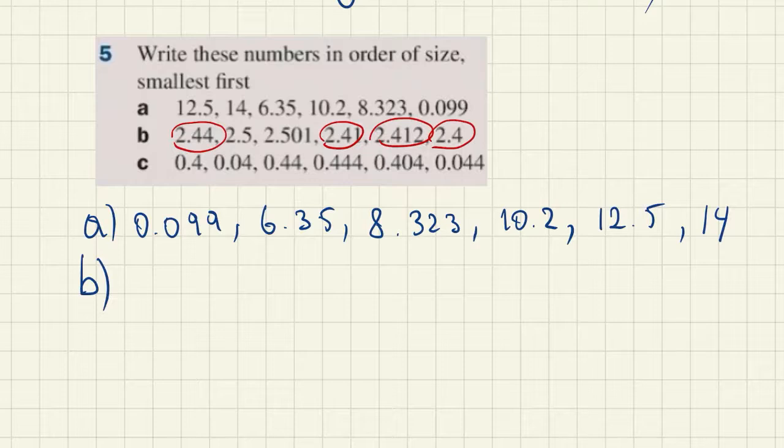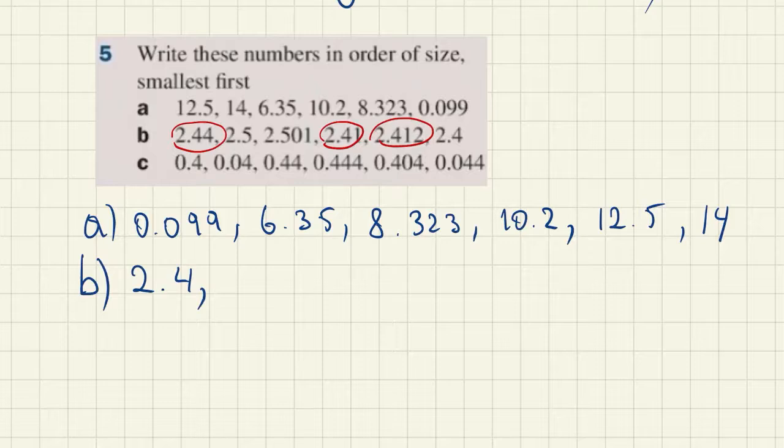The smallest one here is the one which has only 4, 2.4, because in case of decimals, you can add zeros indefinitely, they will not change anything. 2.4 is the smallest number here. So let's erase it, it's out of the equation.